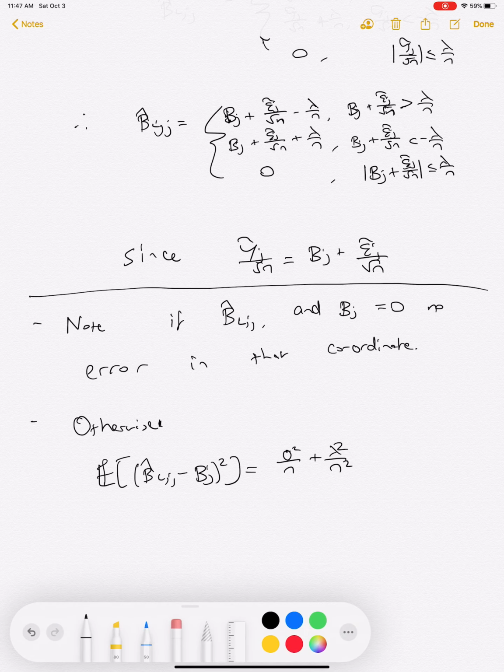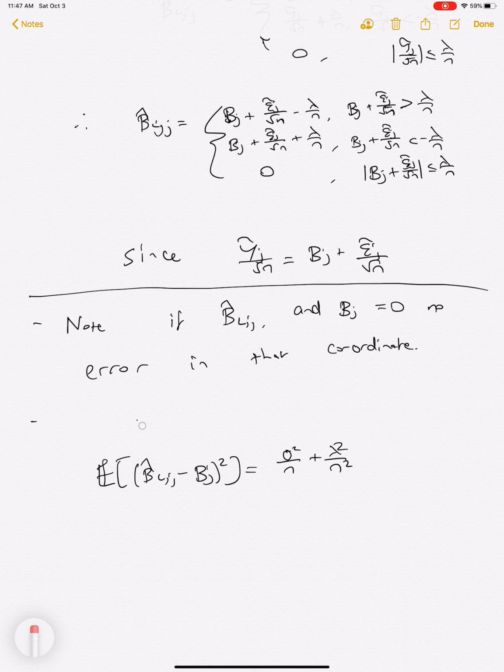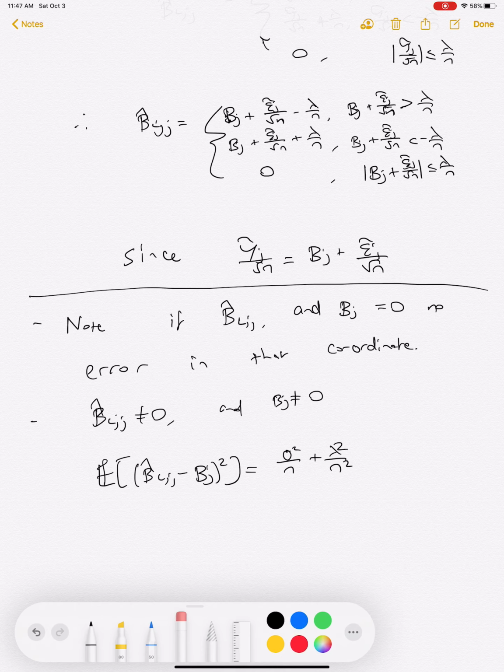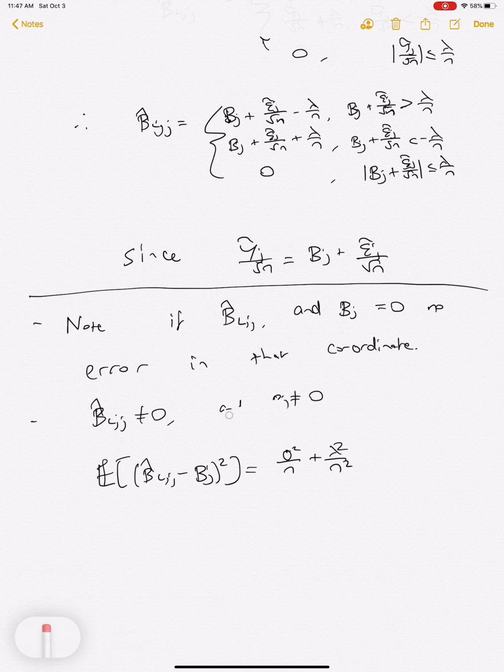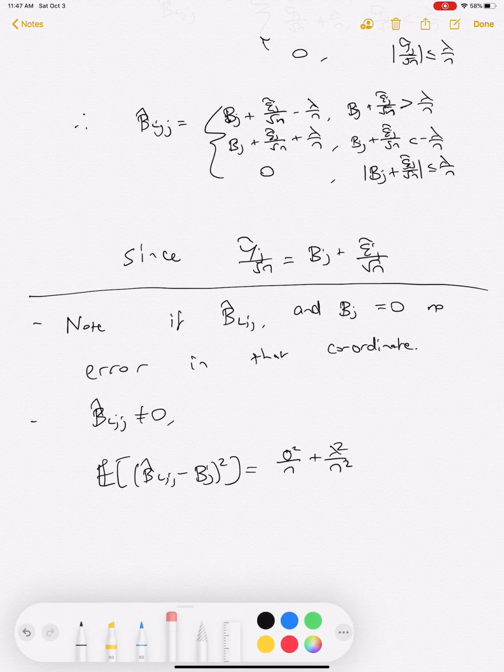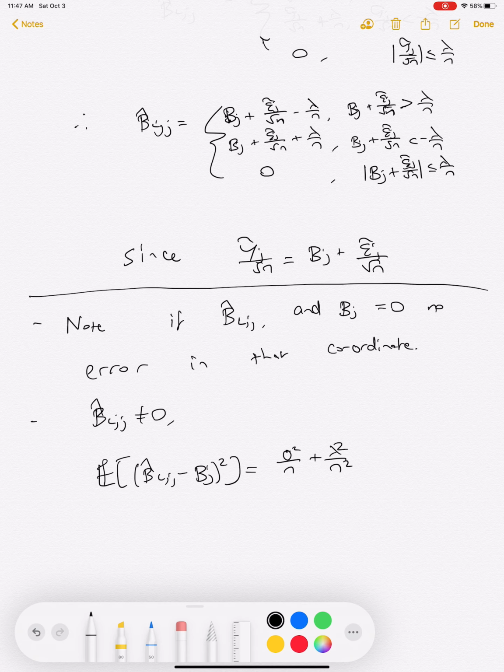Sorry, let me just be clear. If beta hat Lj is not 0, then we have this expression.